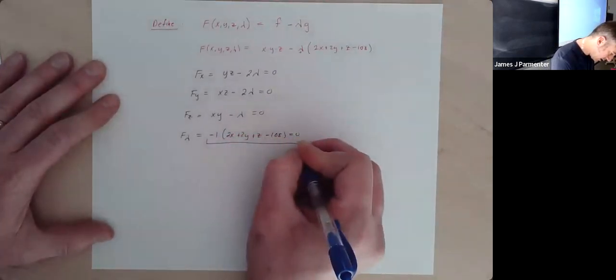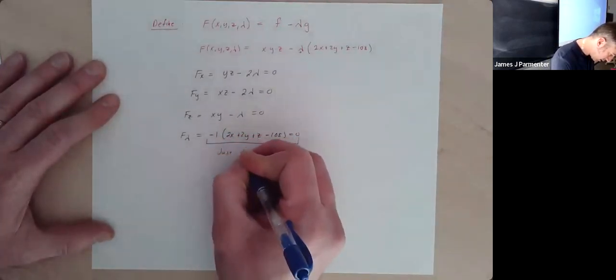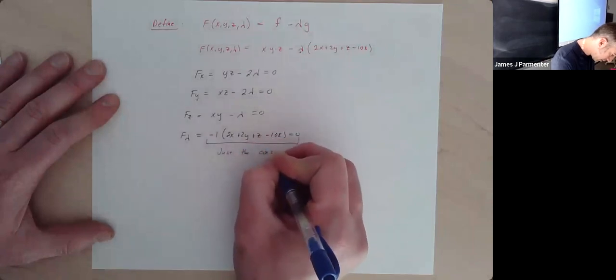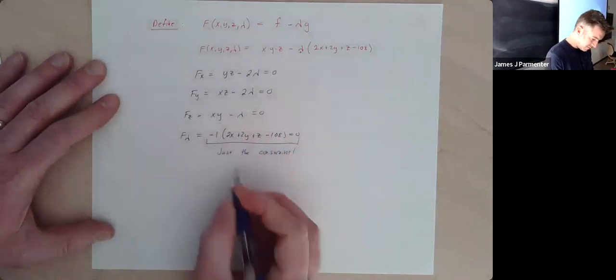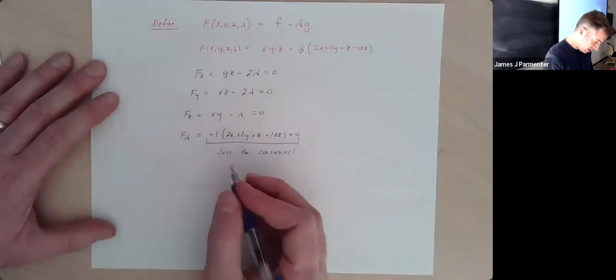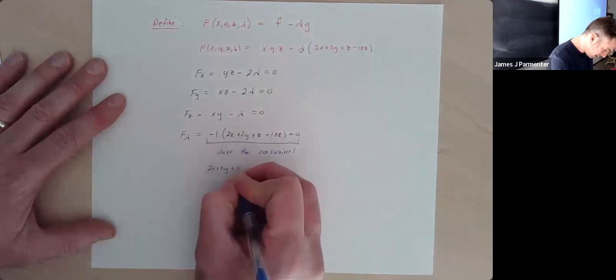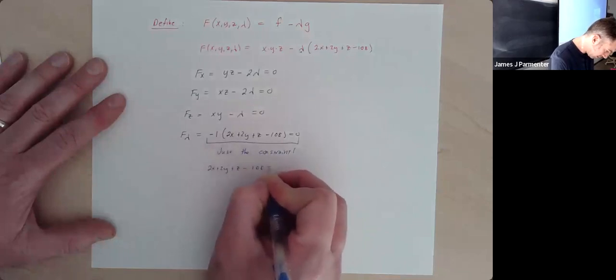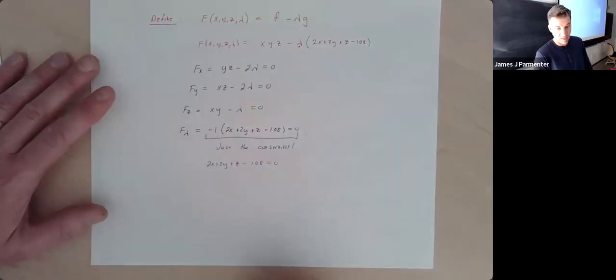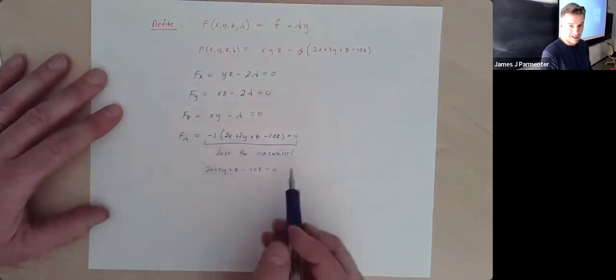If you multiply both sides by -1, you just get 2x plus 2y plus z minus 108 equal to 0, or 2x plus 2y plus z equal to 108. So I find it kind of silly to even do this.